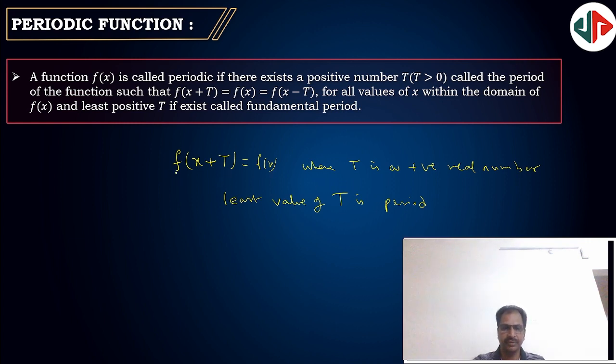So, how to check whether a function is periodic or not? Replace x with x plus t. What is t? A positive real number. If you get the same function, if the same function is repeated, then it is known as a periodic function. t may have so many values. Out of those many values, the least value of t is said to be the period of the function.